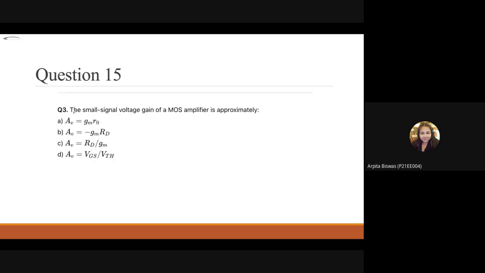This is the question number 15. The small signal voltage gain of a MOS amplifier is approximately. So, try to find out the right option. The gain.